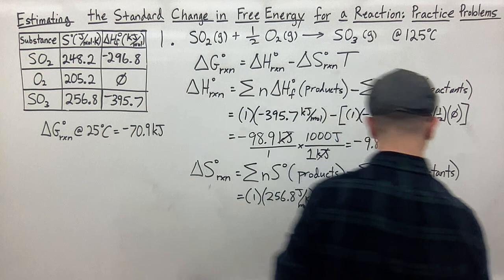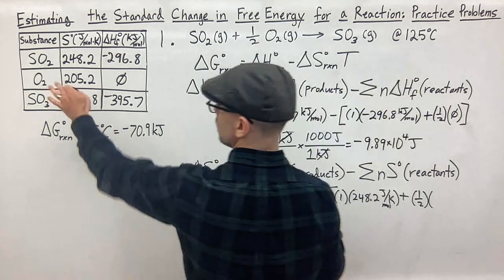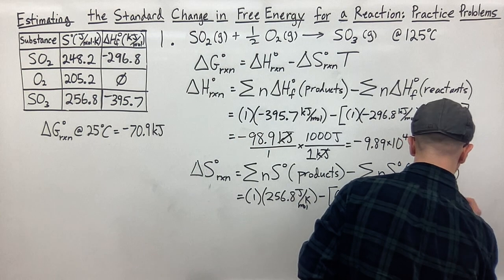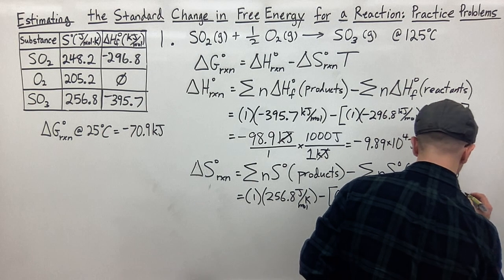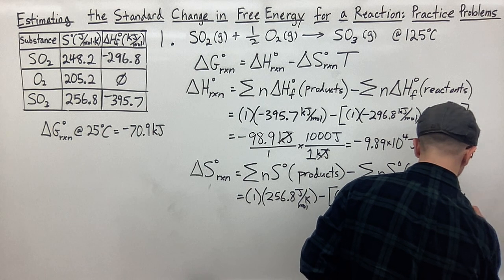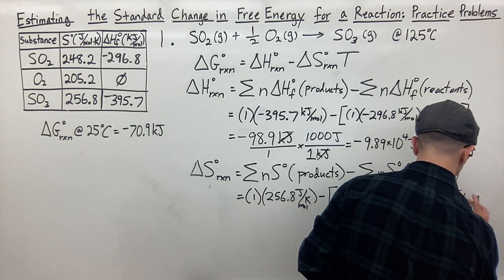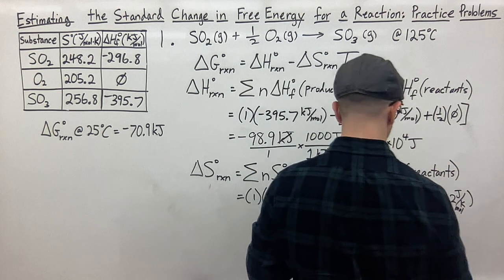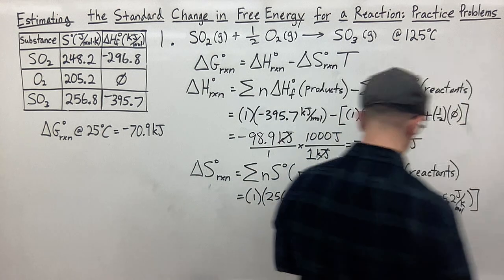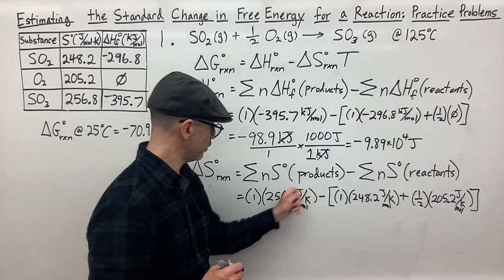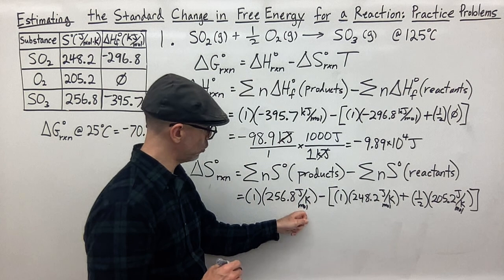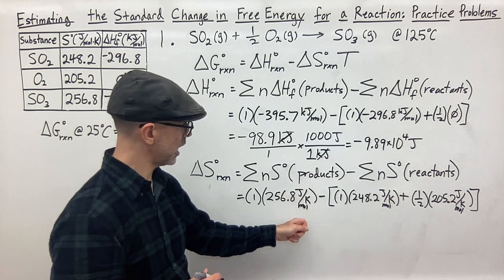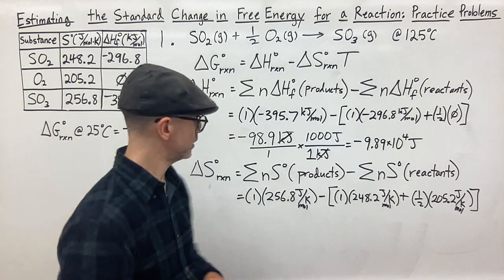So I'm going to multiply that by the 205.2, and again, that's joules per mole Kelvin. And then I'm going to close that out. The reason it's mole Kelvin is because moles over moles is going to eliminate, and then we're just going to end up with joules over Kelvin, which is the unit we want.